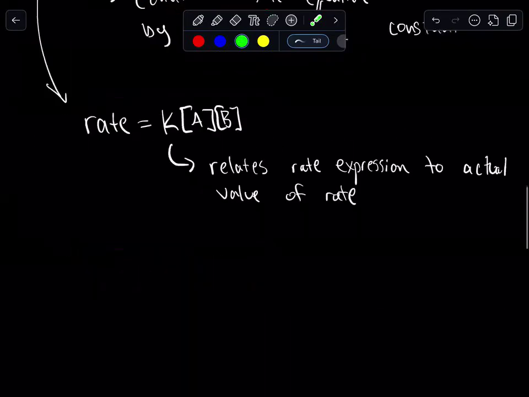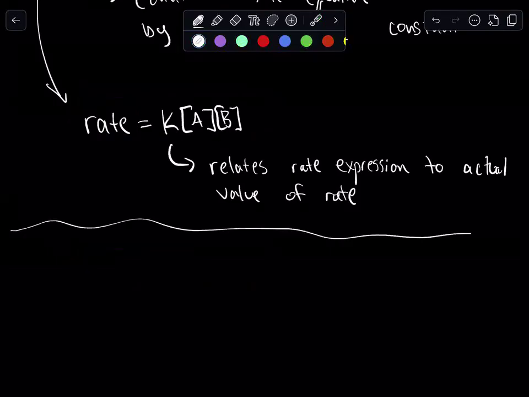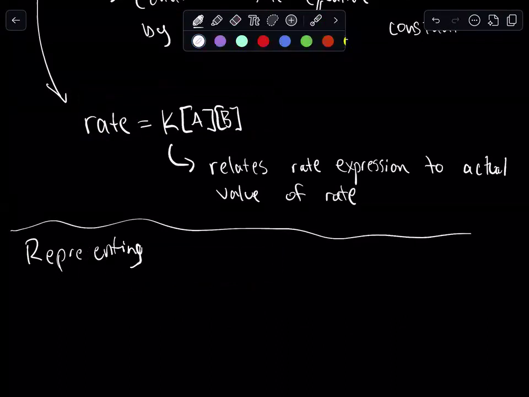Now that we have this actual equation, we can even represent this graphically. So we can represent our order graphically. We'll do that here, representing order and rate graphically.